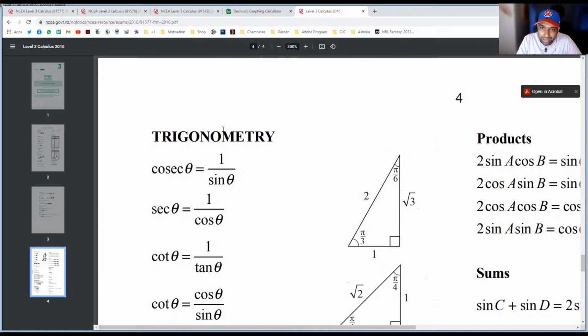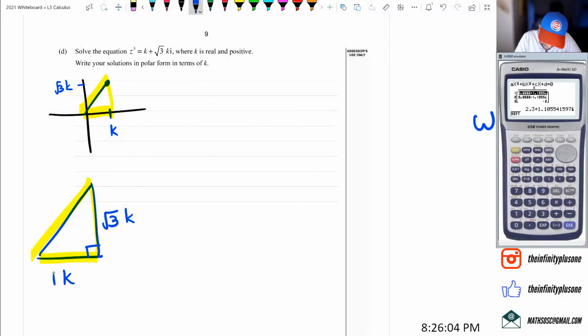So going back to the working, because it's 1k and square root of 3k, our modulus is going to be 2k, and our argument is going to be pi over 3, or 60 degrees. So we can rewrite this now as z cubed equals 2k cis 60 degrees.